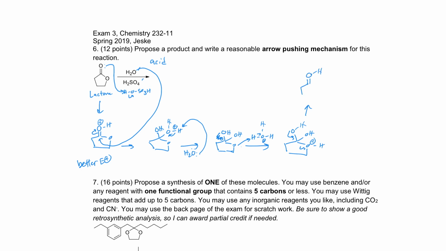And now the ring has opened. I have the extra hydrogen on the carbonyl. All I need to do is remove that hydrogen, and I'm done with this mechanism. And I can stretch this out. I have 4 carbons and an alcohol at the end.